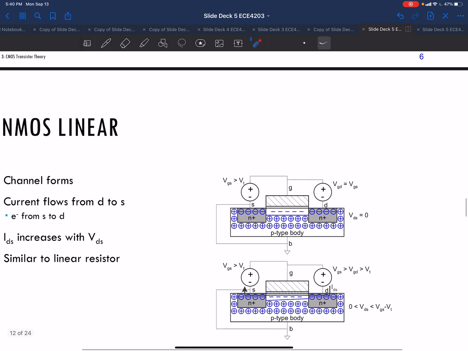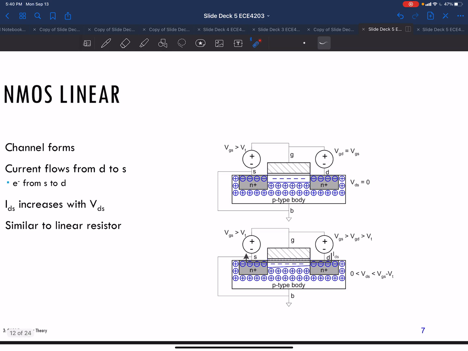So in other words, the channel starts shrinking here. It starts getting cut off, not cut off, it starts getting choked off.